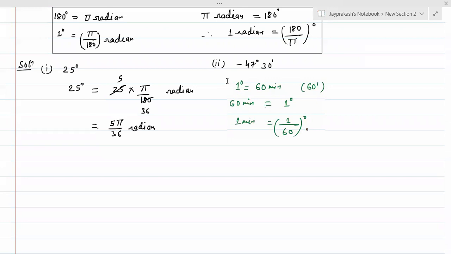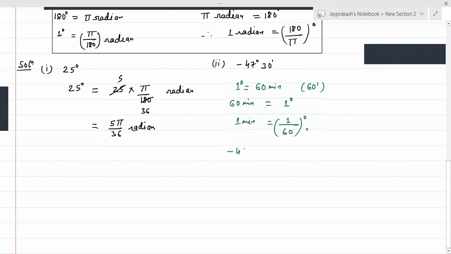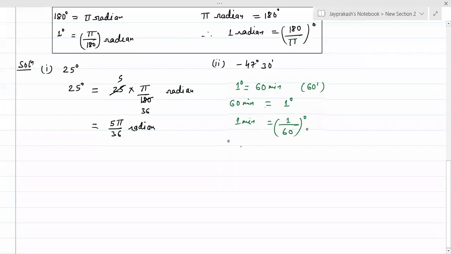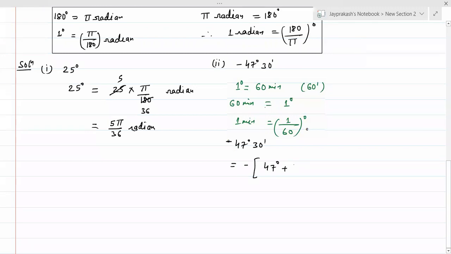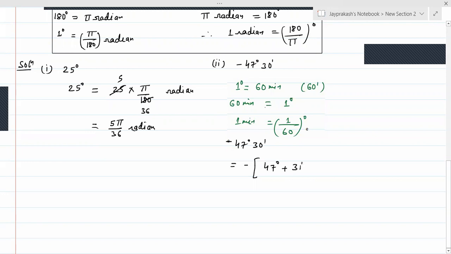So let's convert to degree first. So instead of minus 47 degree and 30 minutes, when we need to change it, we can write here 47 degree plus 30 minutes.